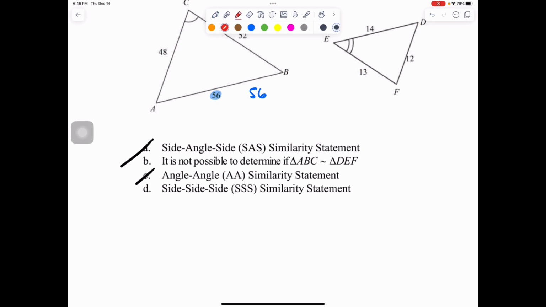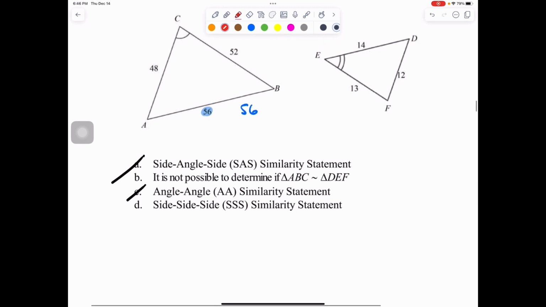Then I take the greatest number from the smaller triangle, 14. 56 over 14 equals 4. Actually, I want to make that in blue, all blue. Sorry about that.